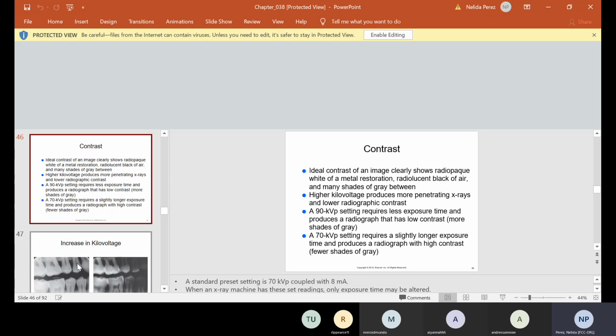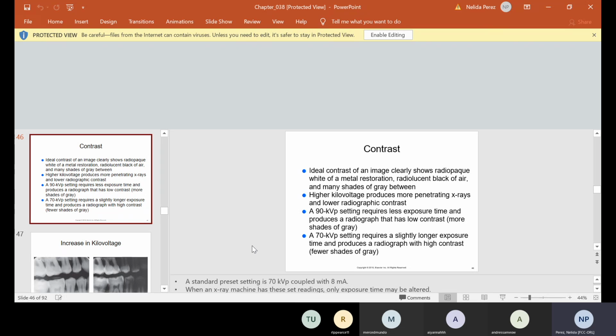A 90 kVp setting requires less exposure time and produces a radiograph that has low contrast, more shades of gray. A 70 kVp setting requires a slightly longer exposure time and produces a radiograph with high contrast, which is fewer shades of gray.